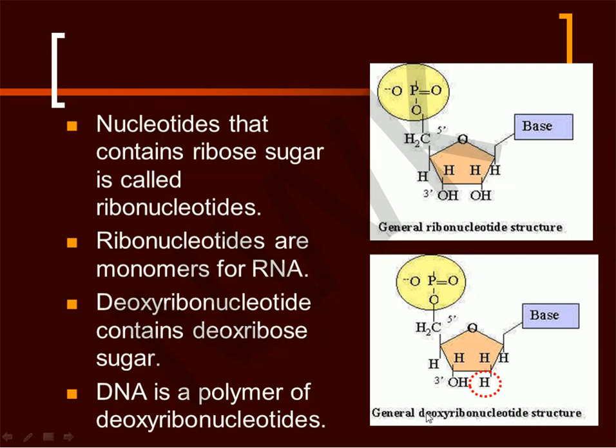The term de means remove, oxy means oxygen, which means the oxygen has been removed in the 5-carbon sugar in DNA. That's why we call it deoxyribose sugar. So in summary, the first difference between DNA and RNA in terms of their monomer is that in RNA it is ribose sugar, while in DNA it is deoxyribose sugar.